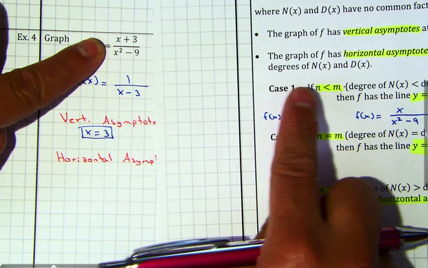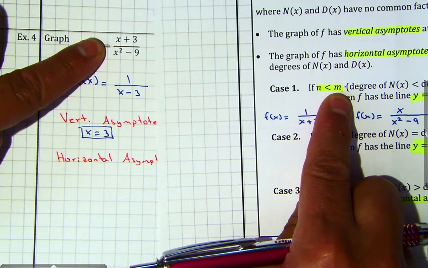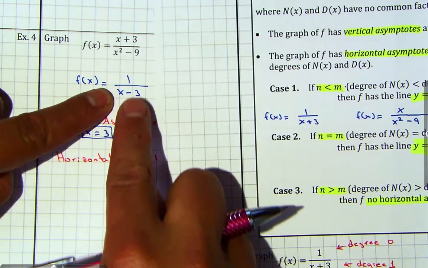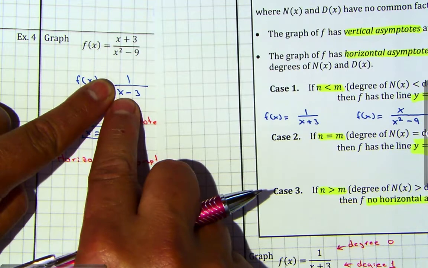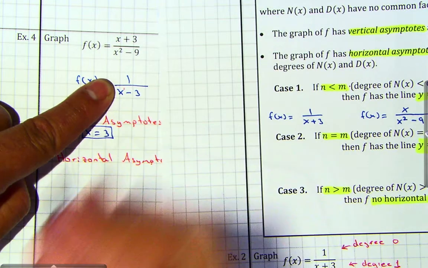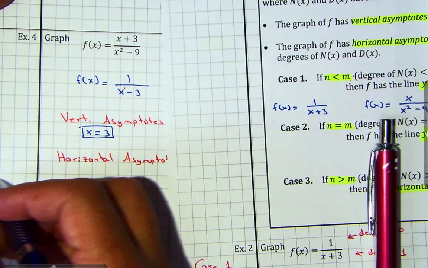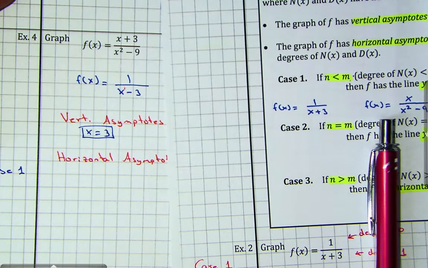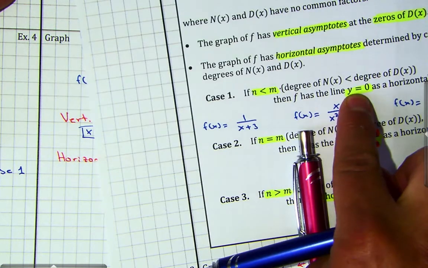So the degree of the numerator is smaller than the degree of the denominator. So it will be case 1. And even if we look at this function, the degree of the polynomial of 1 is 0. The degree of this polynomial is 1. So therefore, it is case 1. And since it's case 1, we know that it will be y equal to 0.